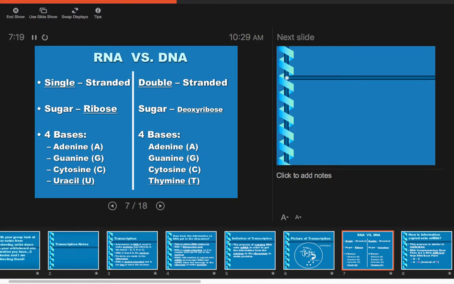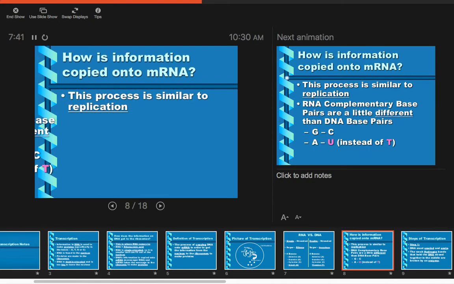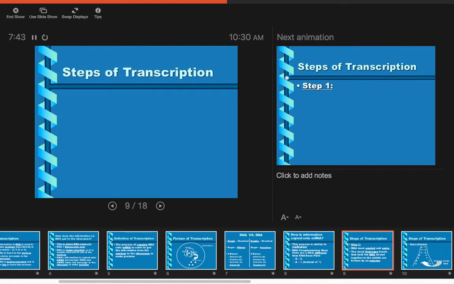So when we're doing our base pairing rules, going from a set of DNA to a set of RNA, you've got to remember RNA doesn't have any T's. So if there's an A in the DNA strand, it's going to match up with a U in the RNA strand. Okay? We'll practice that a couple times in a minute. It won't be a big deal. All right, so let's look at the process.